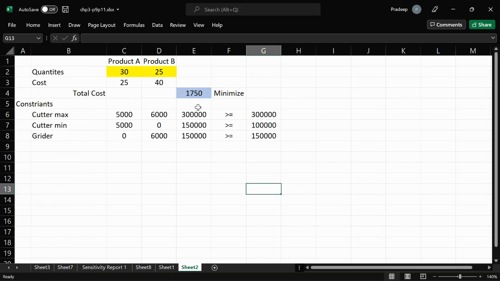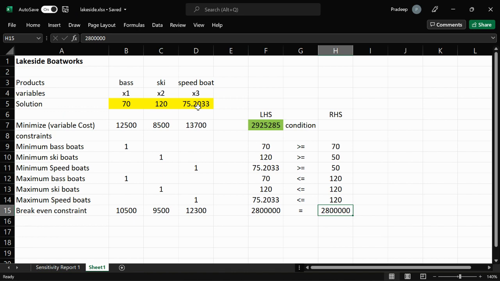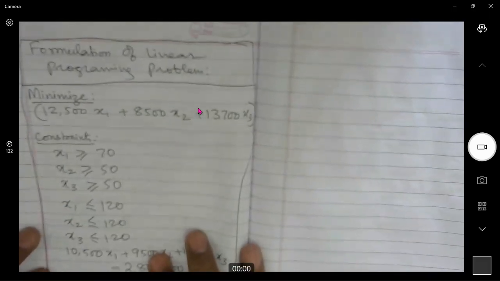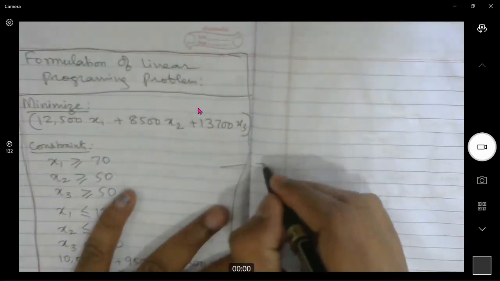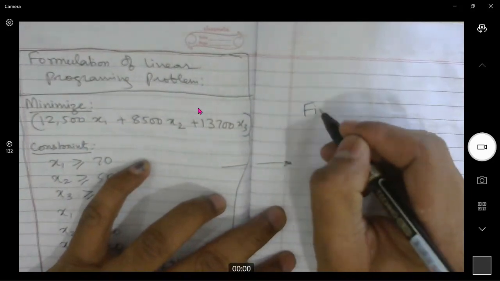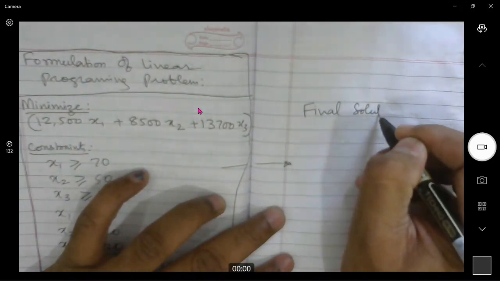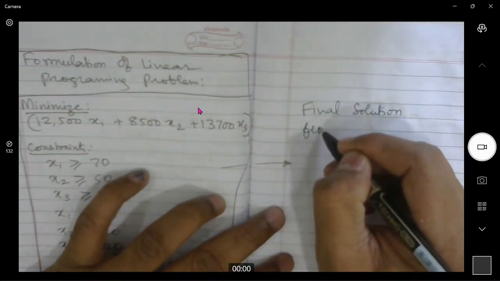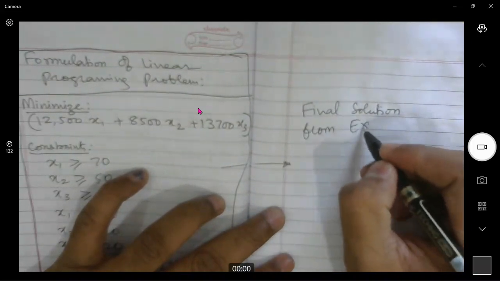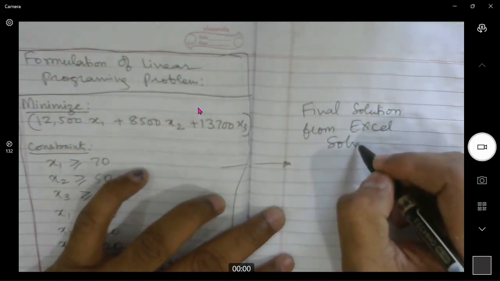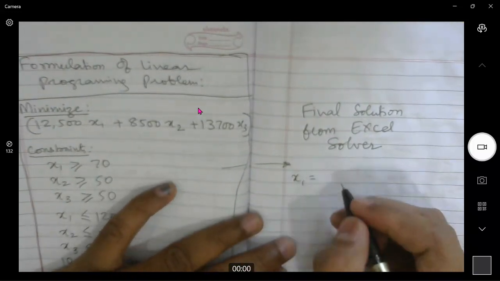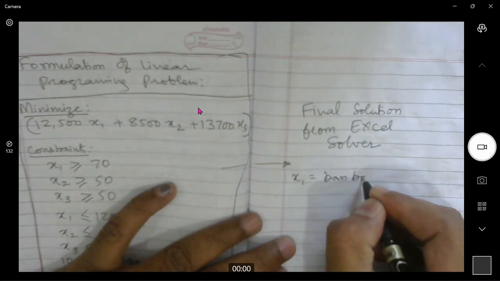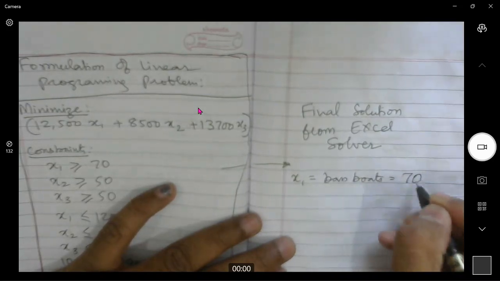So I go back and here I will write: final solution from Excel Solver. I get x1, bass boats, equal to 70.